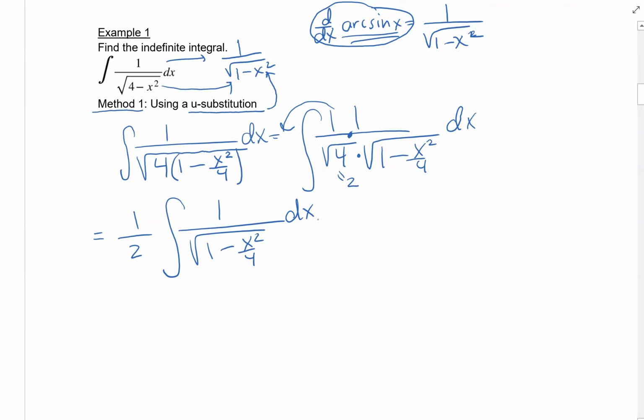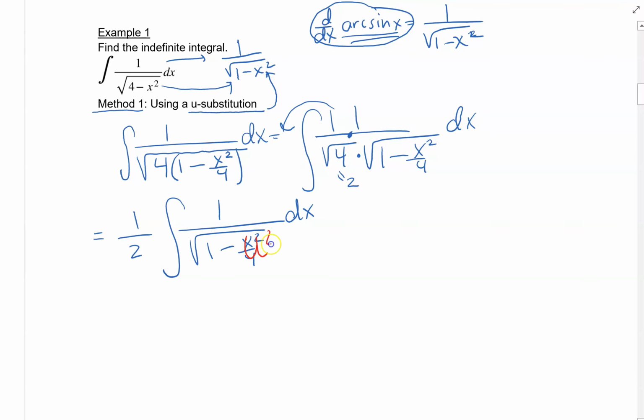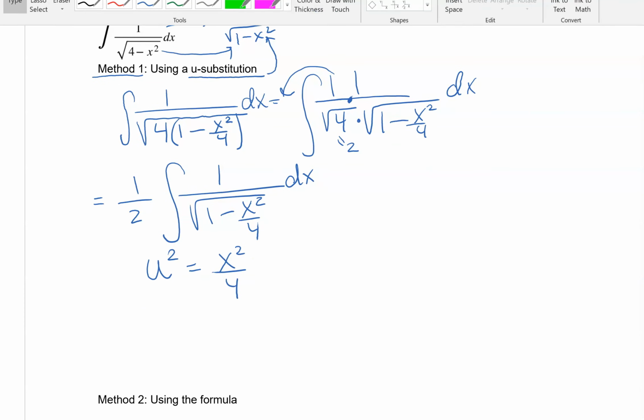Then I would rather this be a u squared instead of x squared over 4, because then it would look exactly like this formula, only it would be in terms of u. So I would rather it be u squared versus x squared over 4. If I could take out my x squared over 4 and replace it with u squared, then I get what I want. So how would I do that?